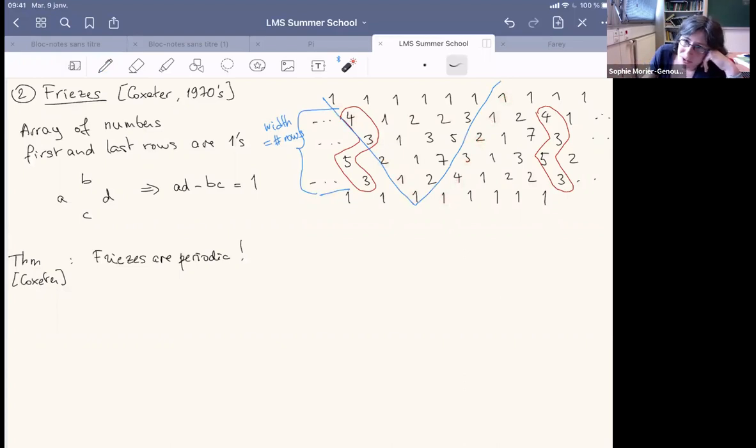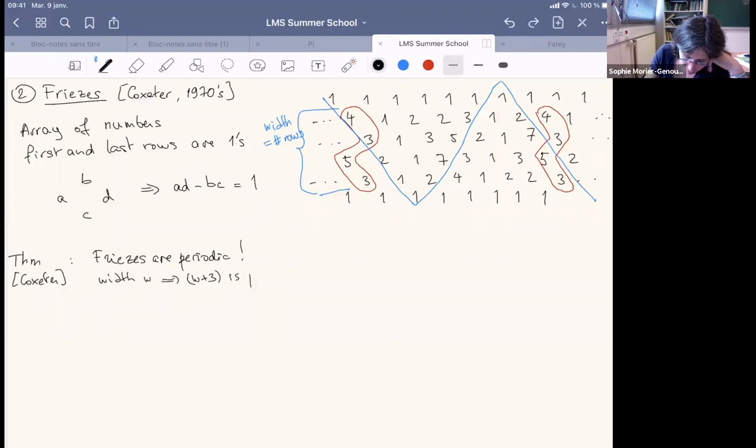Because of the symmetry of the rule, this means that everything that you have in one triangle will repeat in the other triangle after a flip. Okay, so that's two magic properties of frieze. So let me finish the statement. Frieze are periodic, and if it's of width W, then W plus 3 is a period. I said it, but I did not write it.